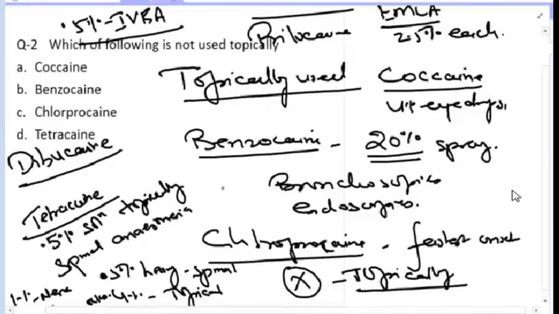Maximum safe dose is 7 milligram per kg body weight with adrenaline and 4.5 milligram per kg body weight without adrenaline. So answer to question number 2 is C. Chloroprocaine cannot be used topically.